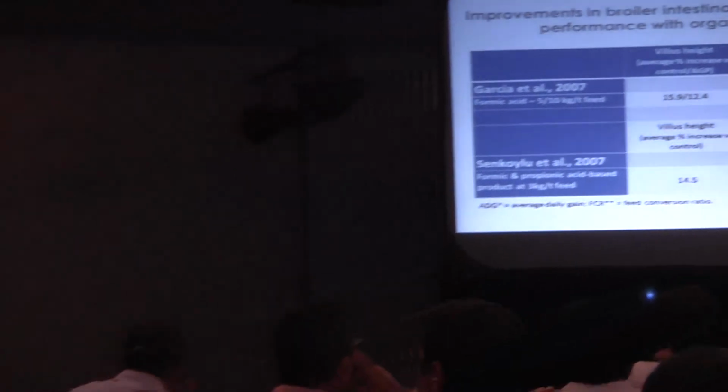What you can see is that with villus height, expressed as a percentage increase versus the control or the antibiotic growth promoter group, we get approximately a 16% increase in villus height versus control, and around a 12% increase in villus height versus the antibiotic growth promoter.